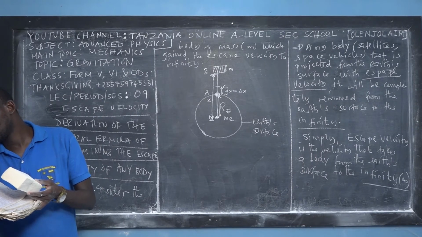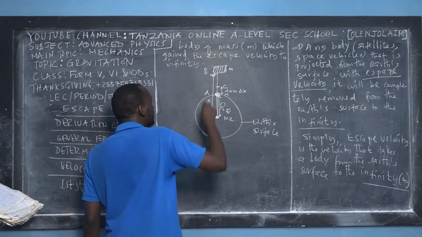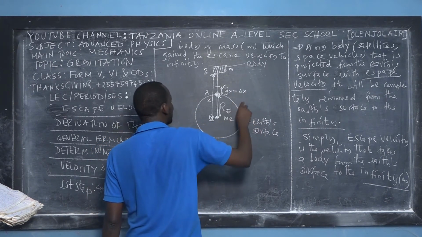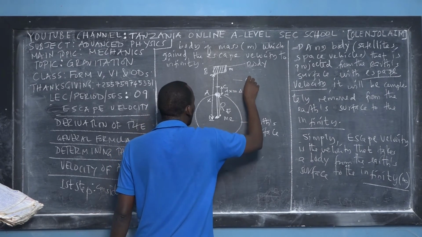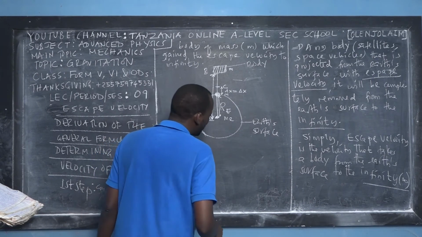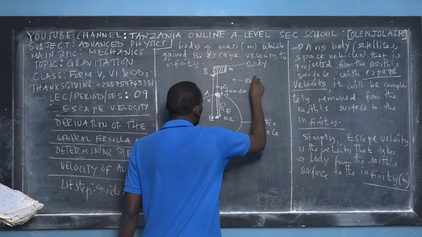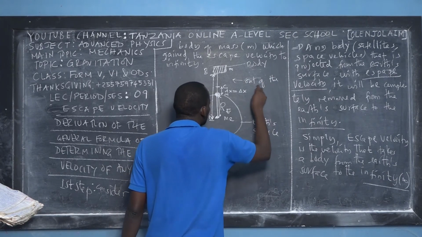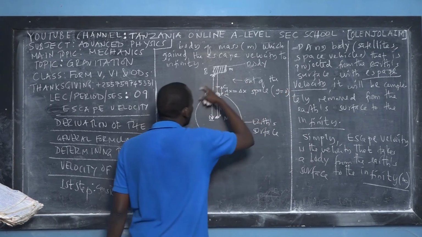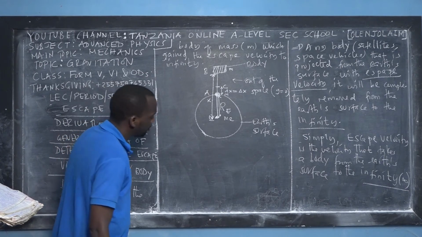That is the representation of the escape velocity. So that is the S surface, then this is the body, and here outside we say there is no gravitational field, out of the space. Out of the space means G does not act on anybody outside of the S surface.